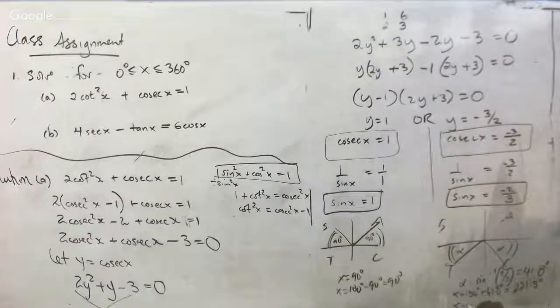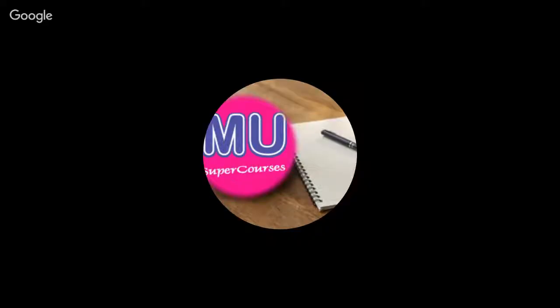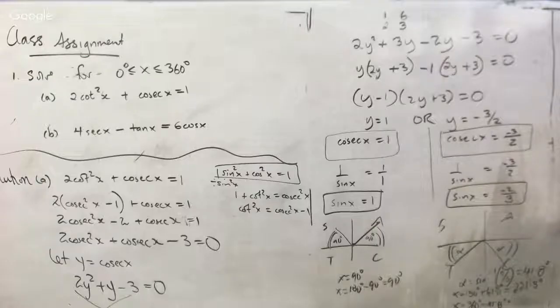And then x equal to 360 degrees minus the alpha, or 360 degrees minus that 41.8. That came out to be 318.2 degrees. Good.